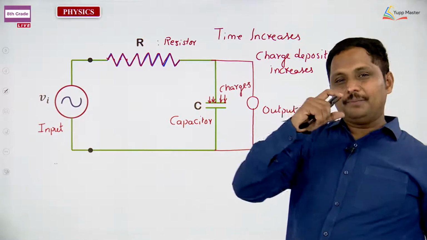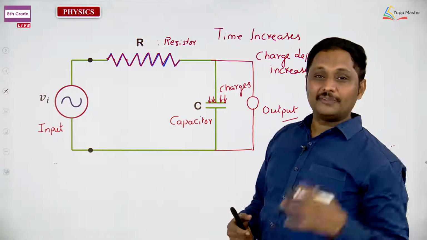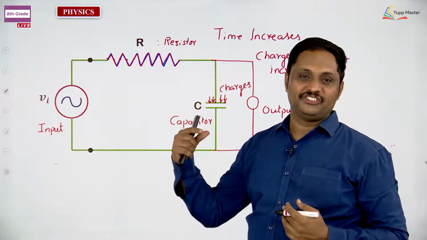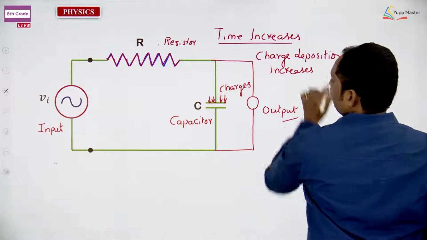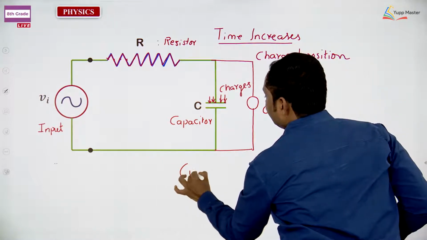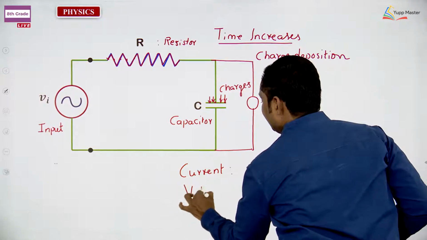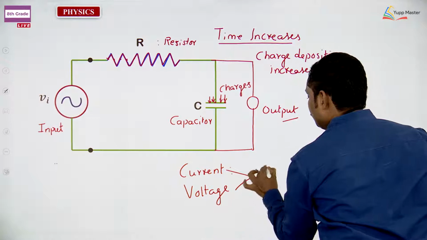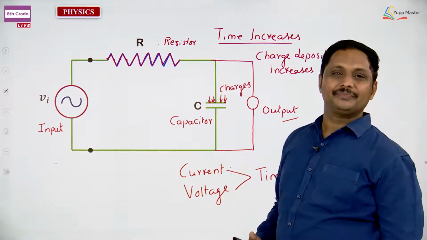What is the saturation point? It will have some saturation point. After that, it doesn't allow the charges. It's very clear. Now we take the current or voltage with respect to time, and they are going to get this variation.